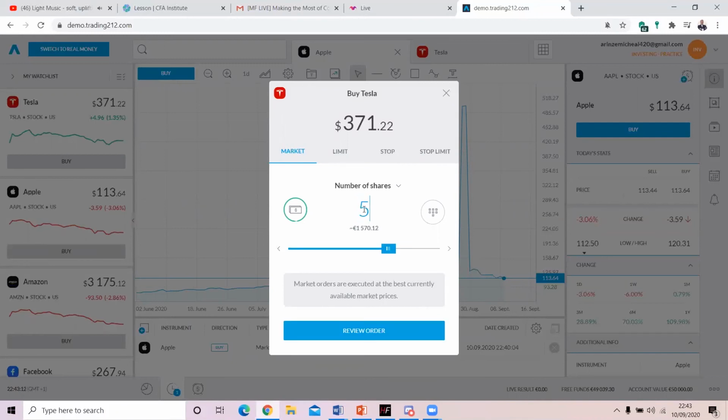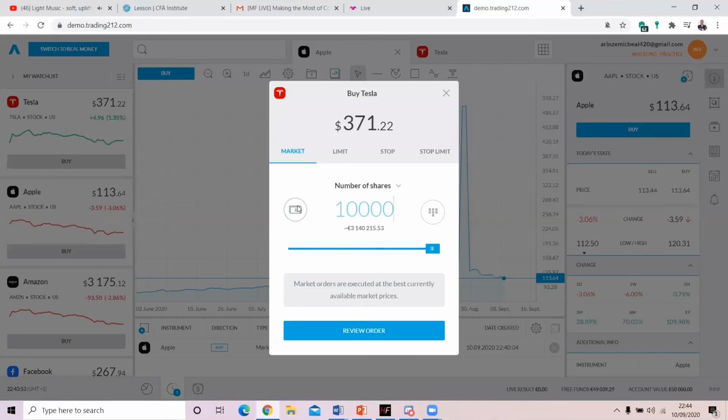So I want to buy, assuming I want to get 5 Tesla stocks. So I click 5, and the estimated cost for getting 5 Tesla stocks shows below. And if you look towards the left of the 5, you will see something that looks like $1 cash. The green circle tells you there are sufficient funds; when there's insufficient fund in your account, it's going to show something like red to indicate that.